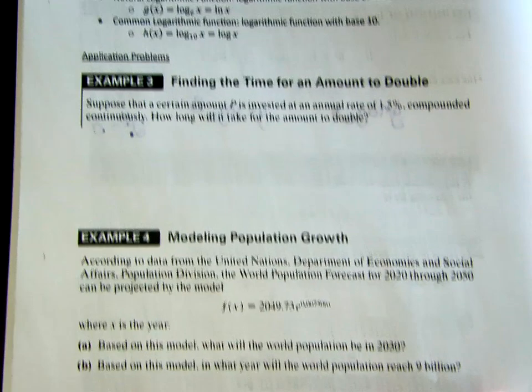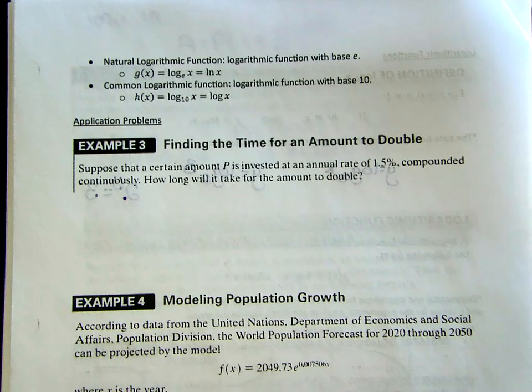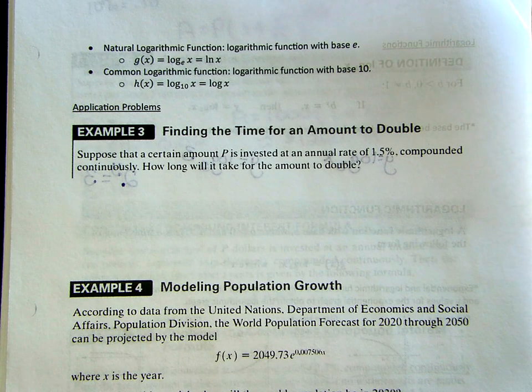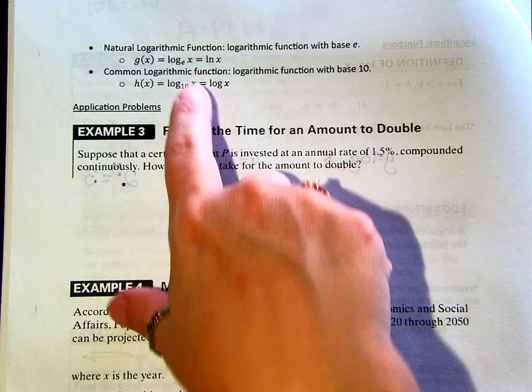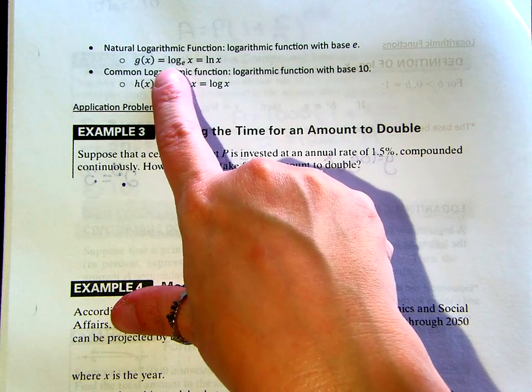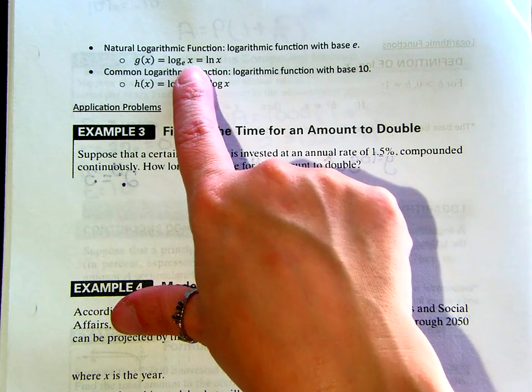As I mentioned when we were looking at the calculators just a minute ago, we have what's known as our natural logarithms and our common logarithms. Our natural logarithms correlate with our natural exponentials. They have a base of e. So log base e of x, we usually shorten that to ln, which is natural log.